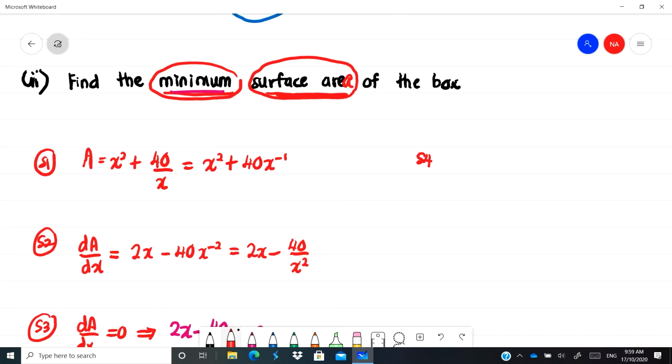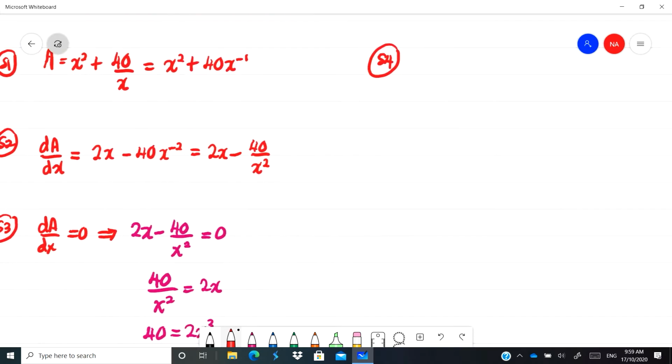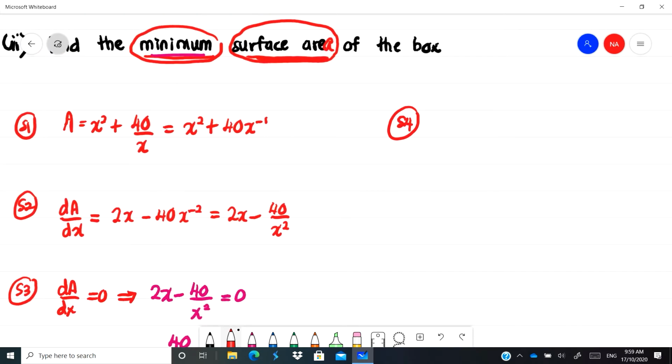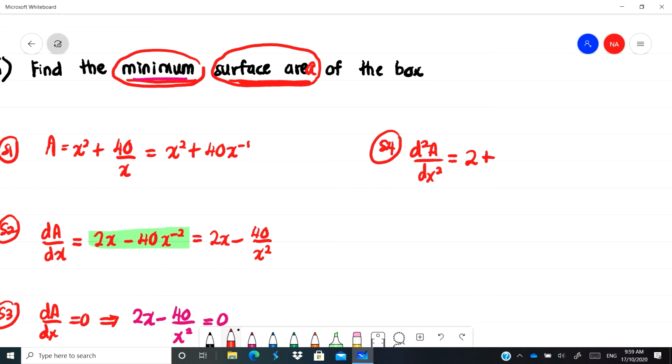Step number 4, we have to find the second derivative, so we differentiate this again. So d squared A over dx squared, I'll get 2 plus 80x to the power of -3. So I'll write 2 plus 80 over x to the power of 3.